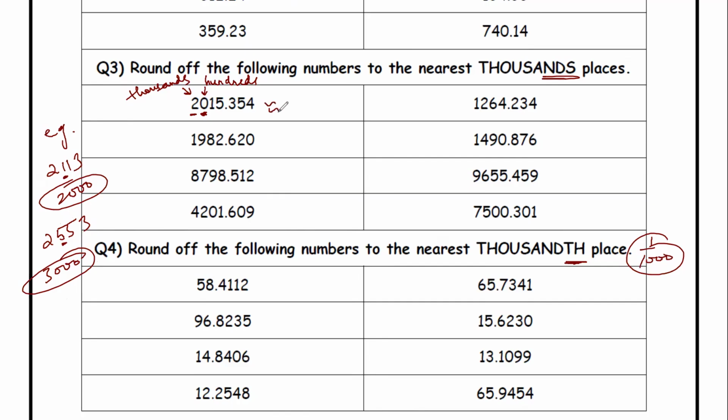So let's do this. This one would become 2000, because this is 9, so it moves up. This one would become 9000. That one would remain 4000.